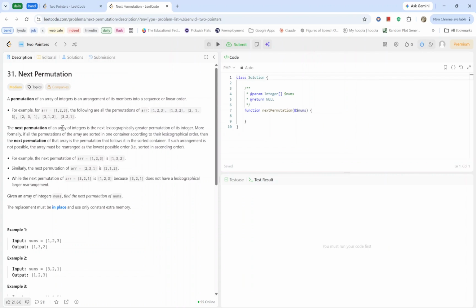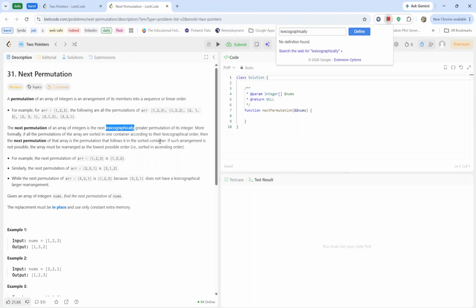The next permutation of an array of integers is the next lexicographically greater permutation of its integers. I don't think I'm saying this correctly. Lexicographically.